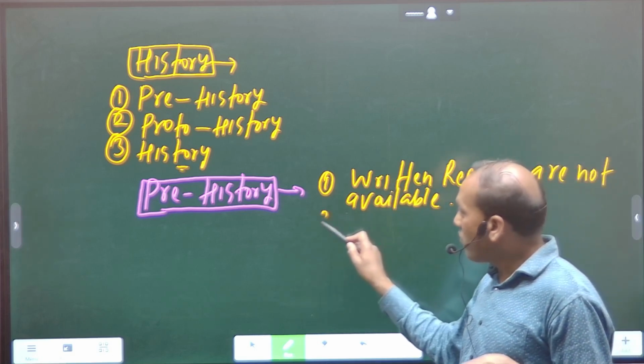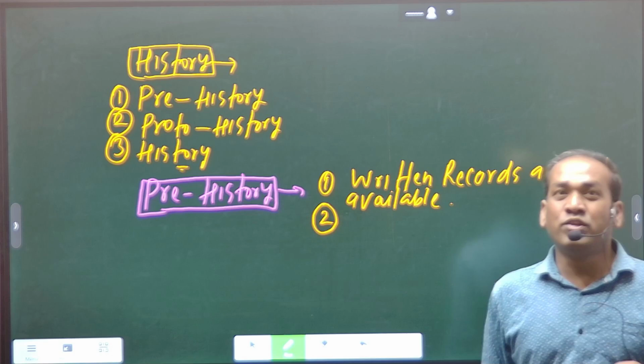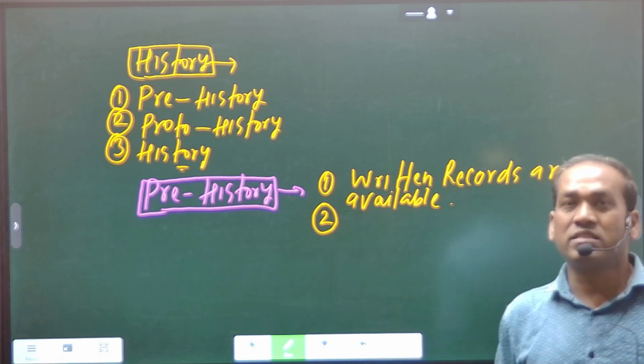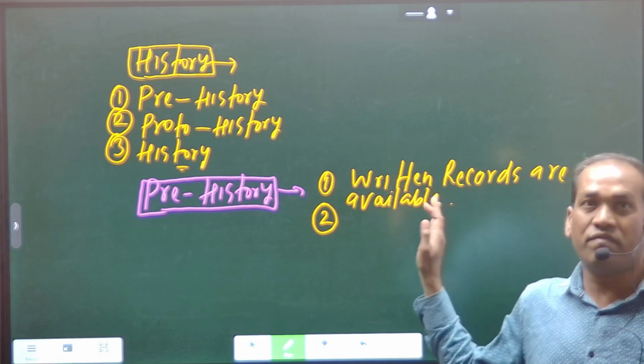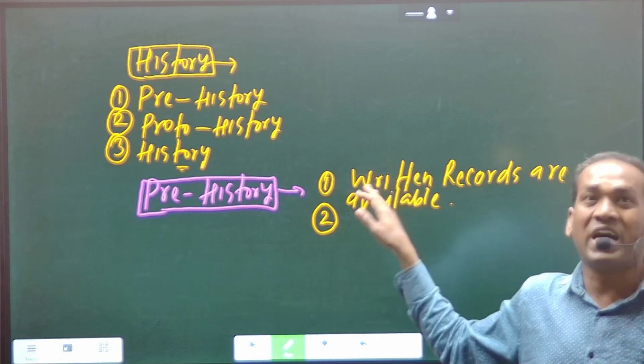Now the second point is, if we don't have any written records, then how can we come to know the history of that period?